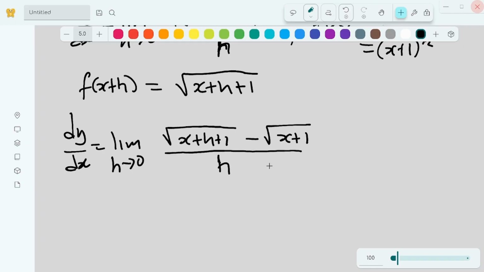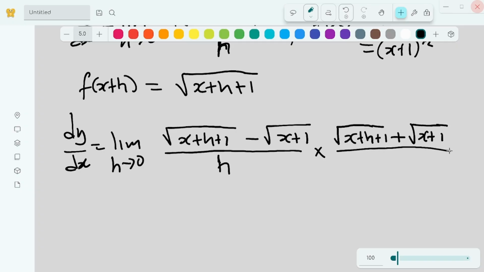So what you do, if you find yourself in this situation, is rationalize the numerator, which means multiplying it by a similar quantity: the square root of x + h + 1. I'm just copying the numerator here, but the difference will be in the sign. Here there's a minus, so I'll put the opposite sign: plus the square root of x + 1.